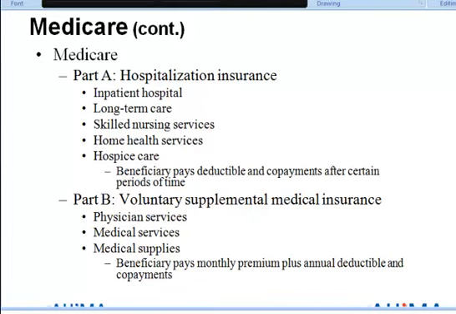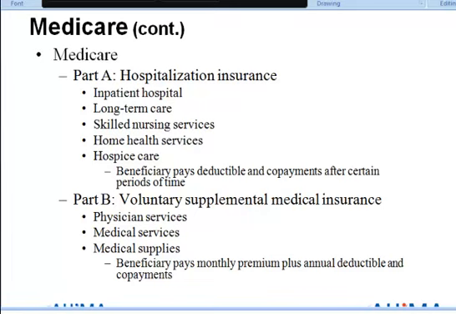Medicare Part B insurance is a supplementary insurance. It is optional that beneficiaries can purchase if they choose to. In 2012, the premium per month was $99.90.